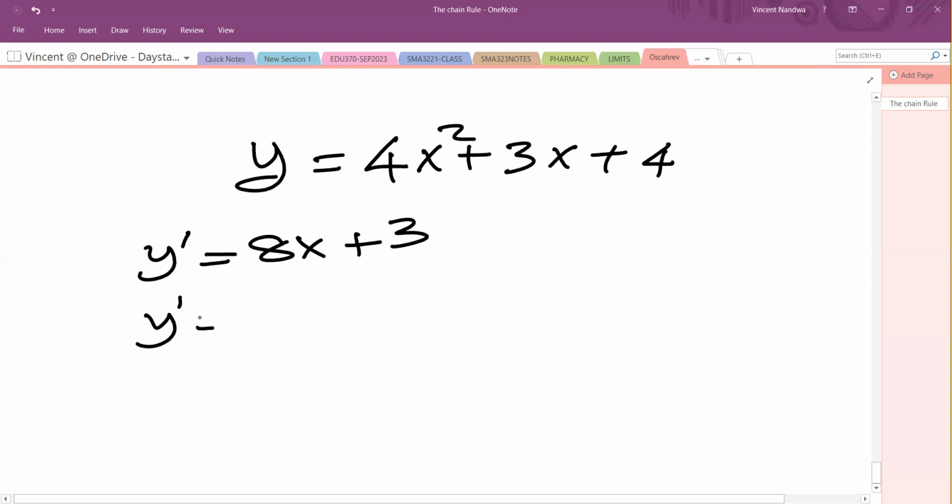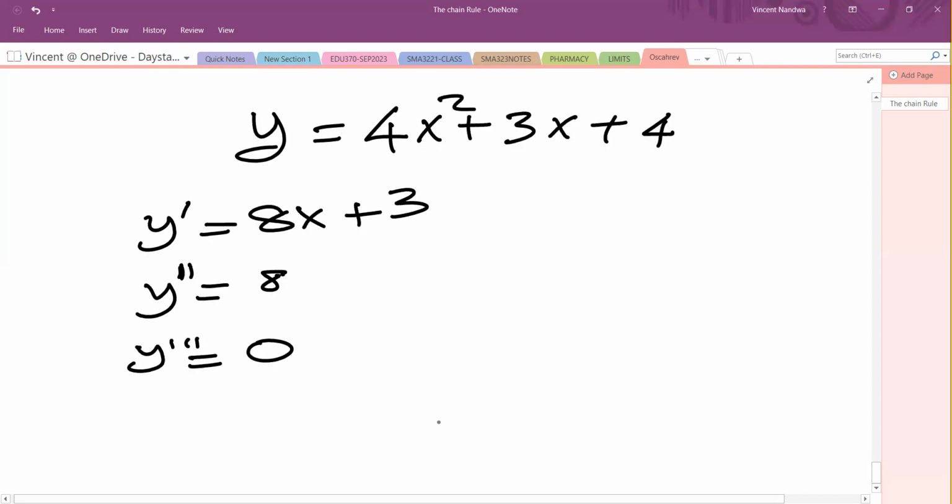Then second derivative, 8, and then third derivative, 0. Okay, good.